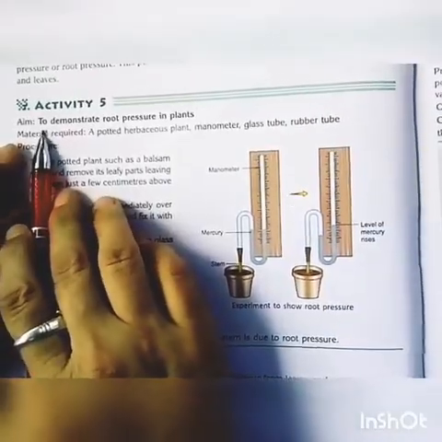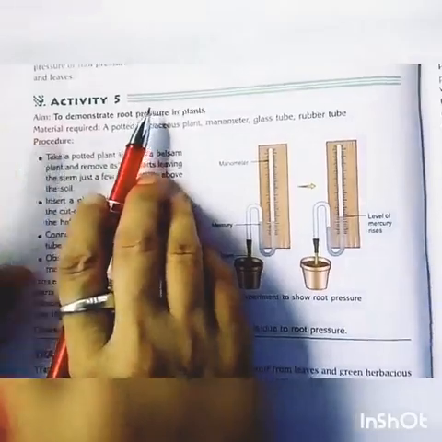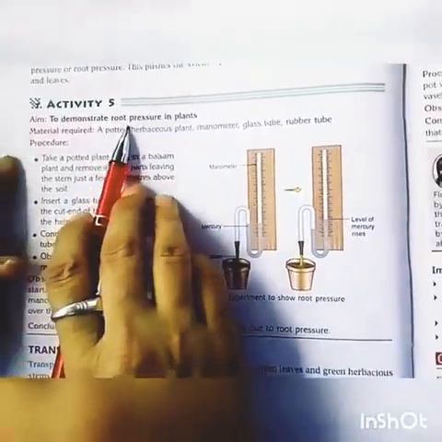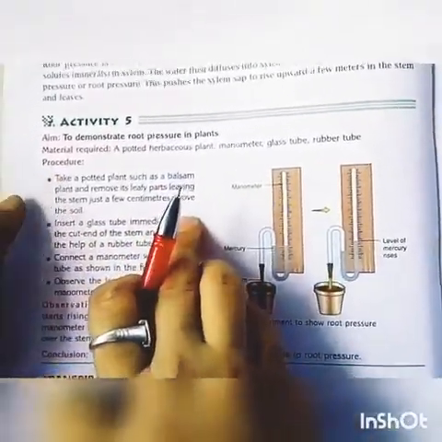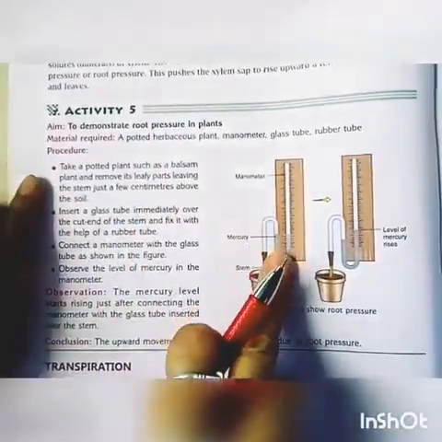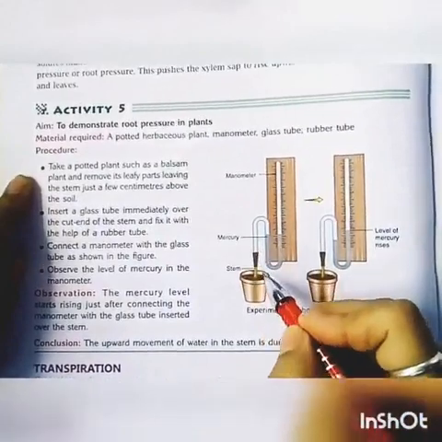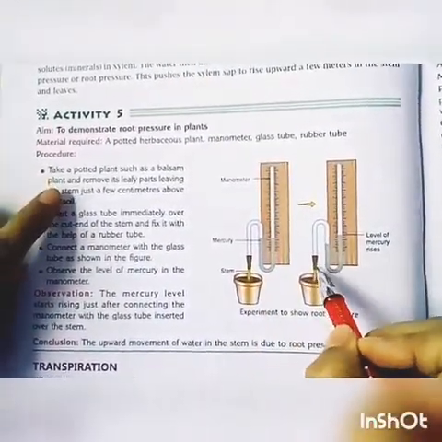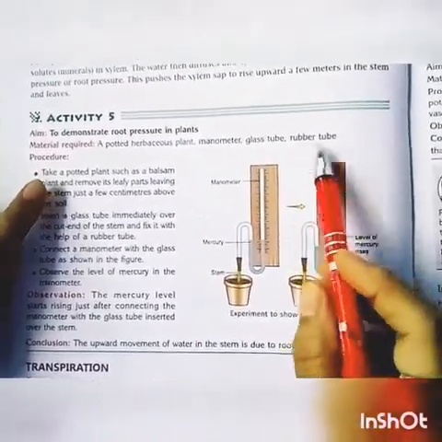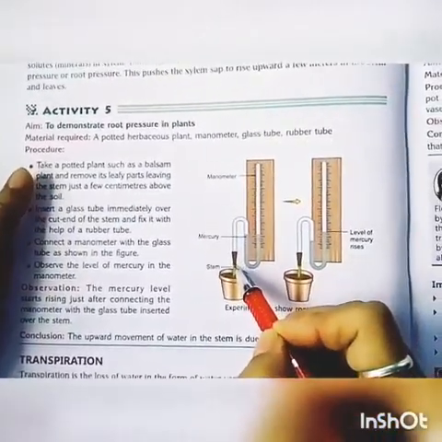Now the second activity, to demonstrate the root pressure. Just now we have discussed root pressure. What is root pressure? Root pressure is the hydrostatic pressure that develops due to the accumulation of solute in xylem vessels. For this we take a small herbaceous plant. This is a manometer, this is a glass tube, and a rubber tube, this is a brown color rubber tube.